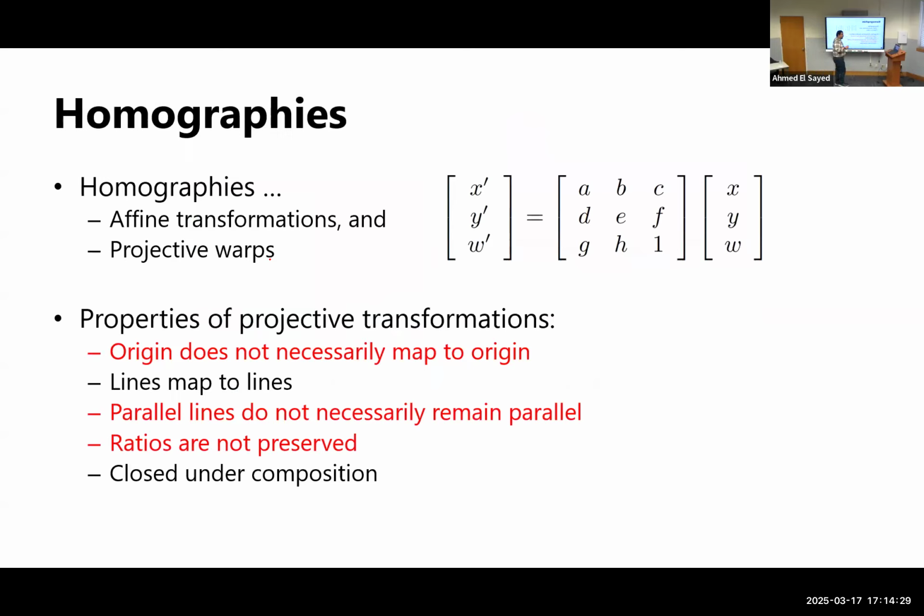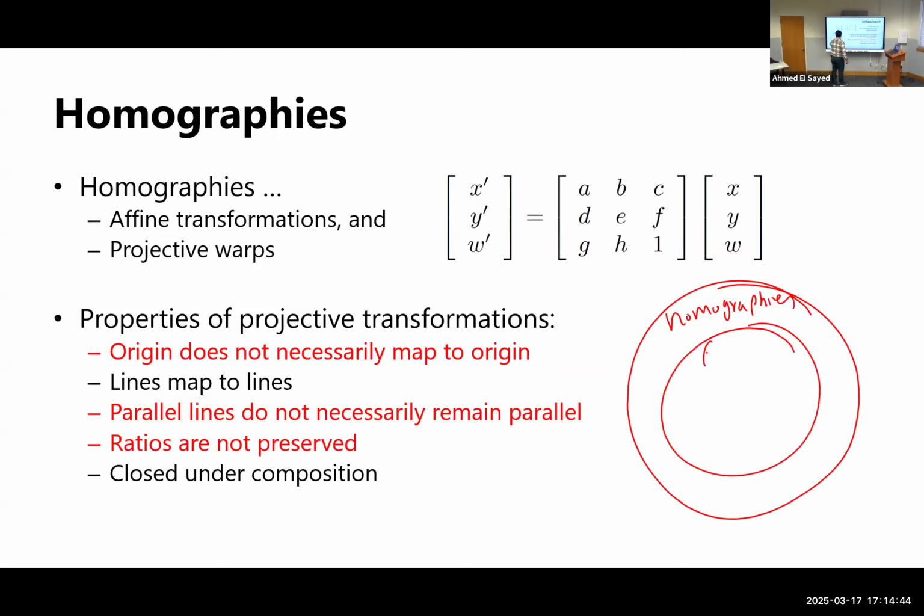First, the homographic transformation can be considered as the superset of all transformations, meaning the general transformation is the homography. A subset of it, the affine. A subset of it, the linear. So this is the more general transformation.